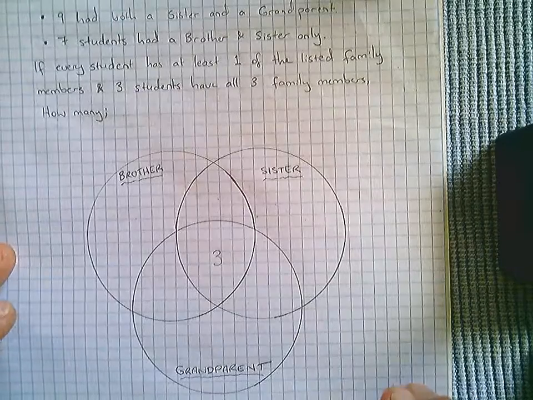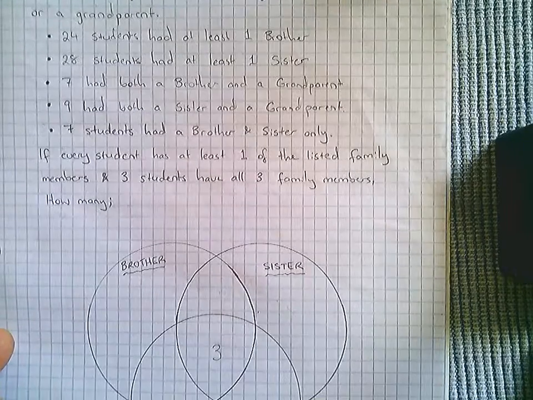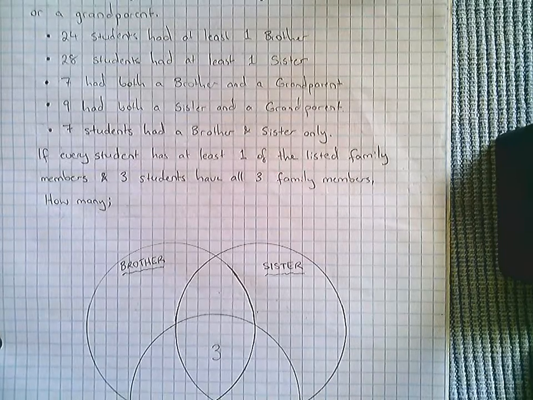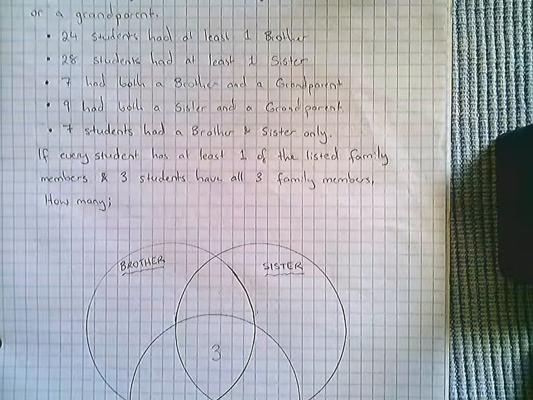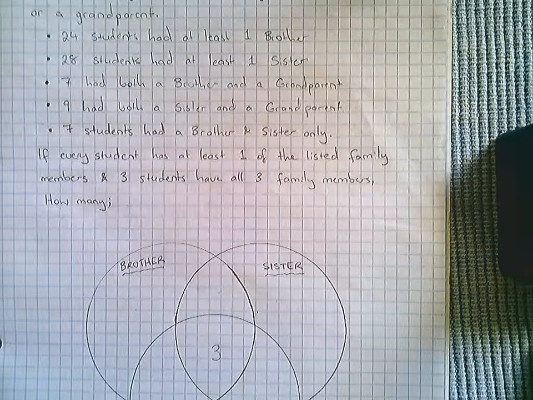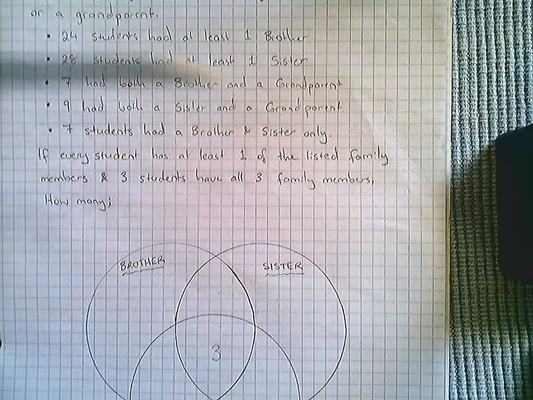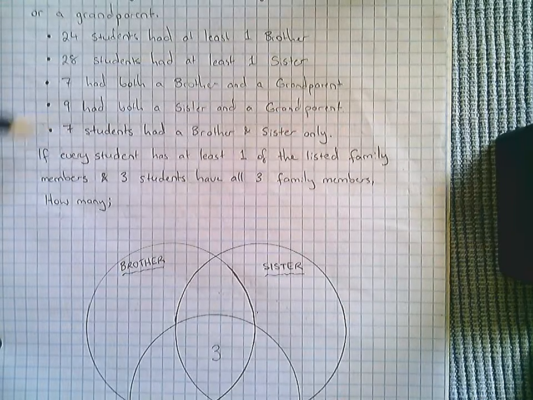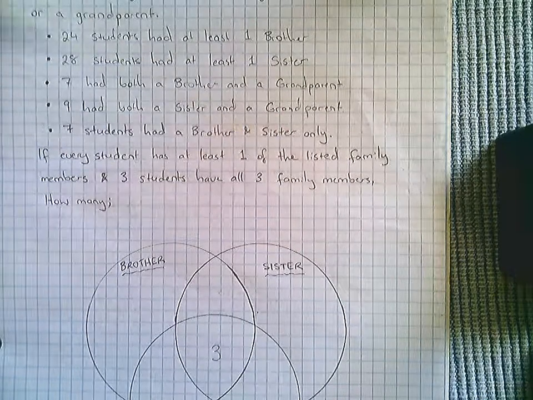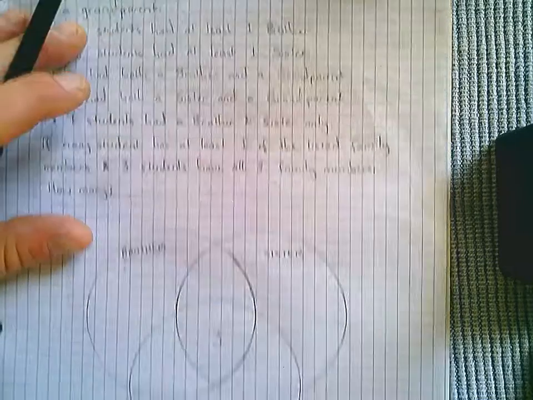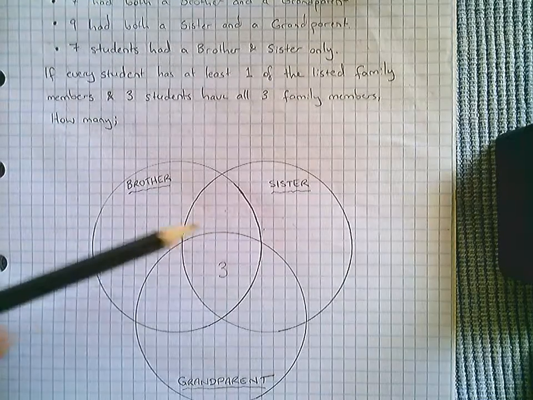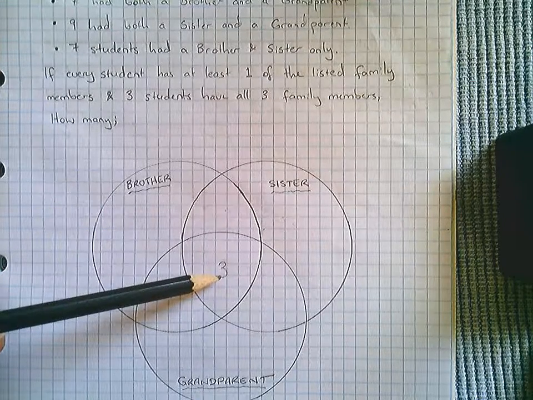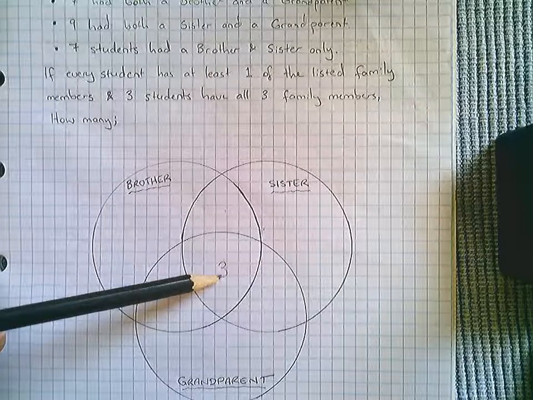I'm then going to go and check the parameters in the question, or the results from the survey, if you want to think of it like that. And what I have been told, if I look at this last one, is that 7 students had a brother and a sister only. Now, if we look at the Venn diagram, this person here did not have a brother and a sister only.